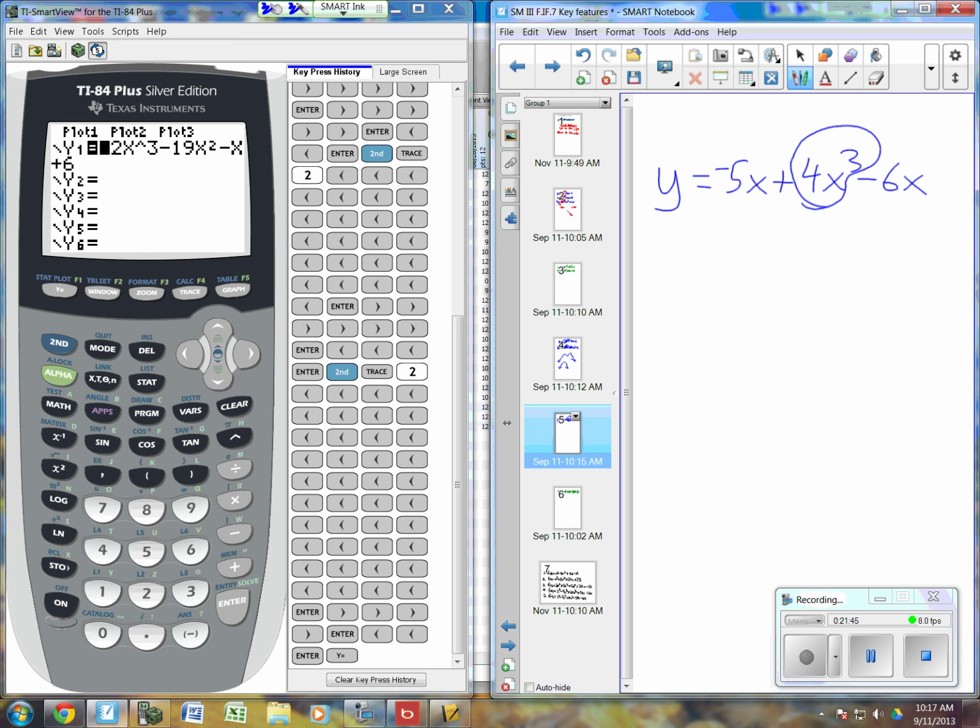Since this is an odd number, what do we learn from an odd number? Yeah, one's going up, one's going down. Since the coefficient of this x cubed is a positive number, positive 4 in this case, then what's it doing? Down to the left and up to the right. Are we getting that? How many of you guys are starting to get that?